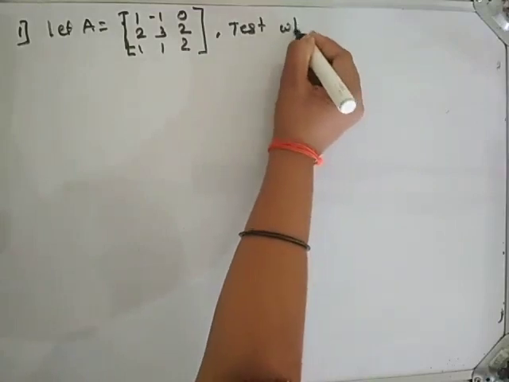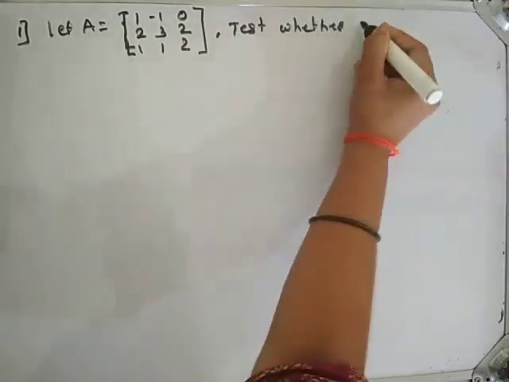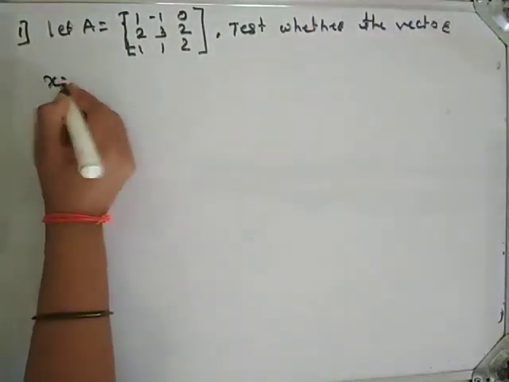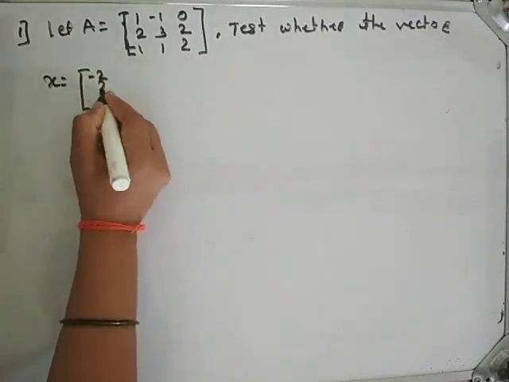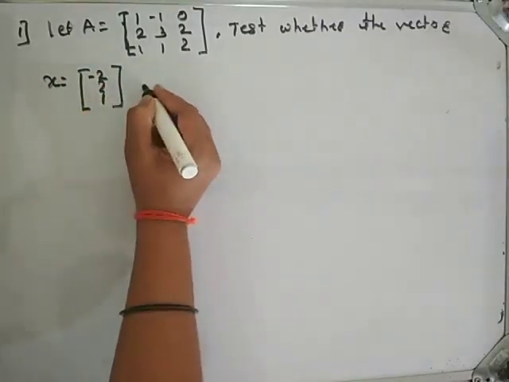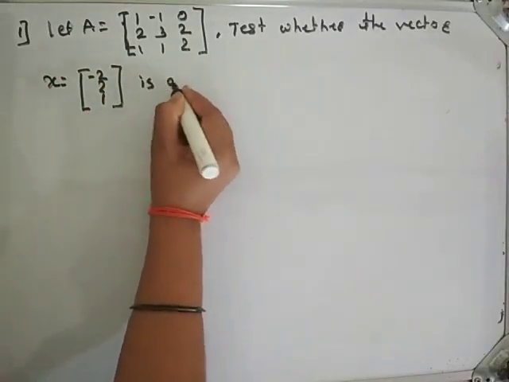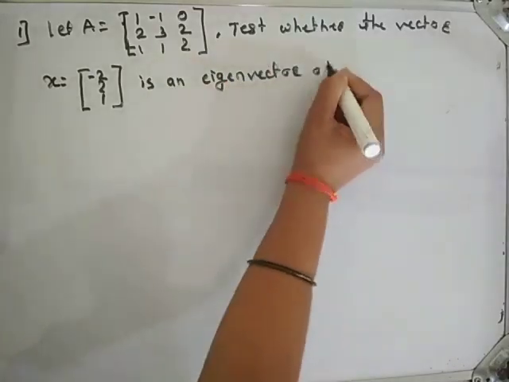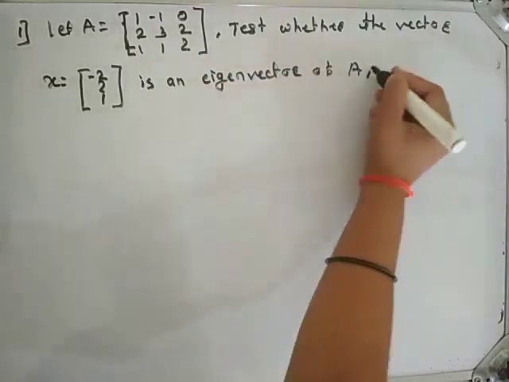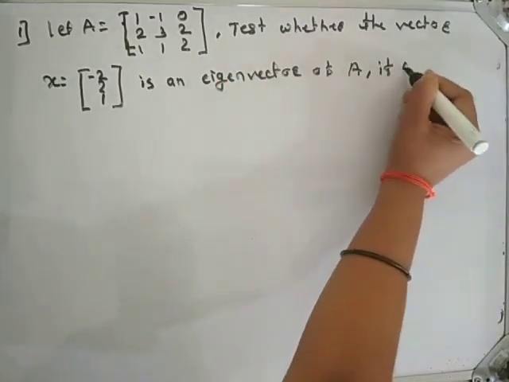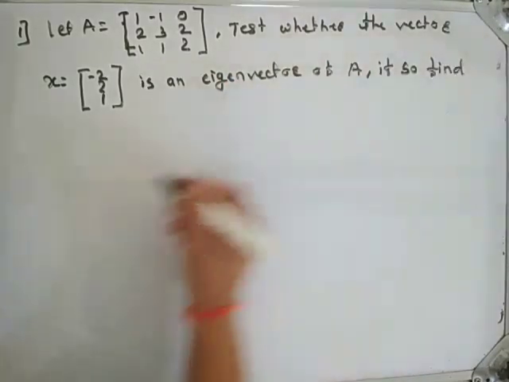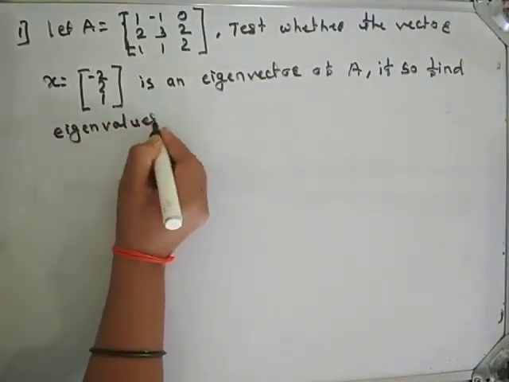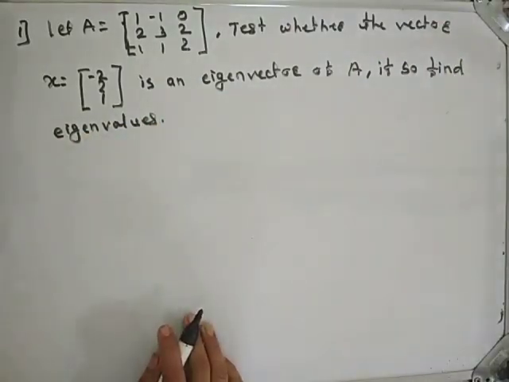Test whether the vector x = (-2, 2, 1) is an eigenvector of A. If so, find the eigenvalue.